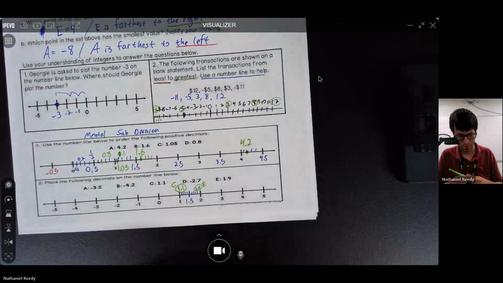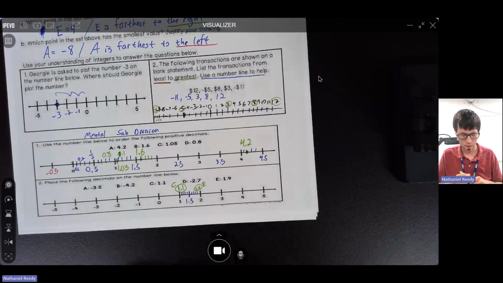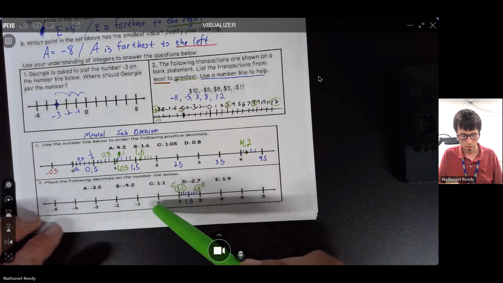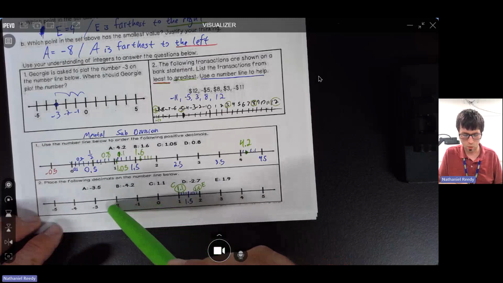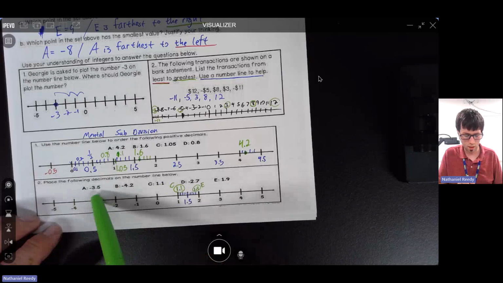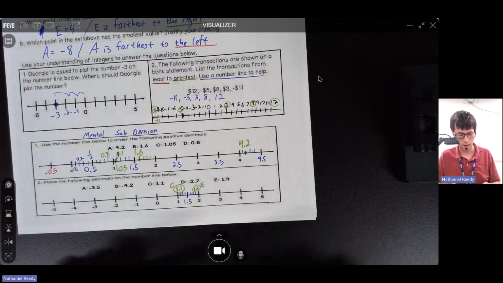Okay, now let's take care of the negative numbers. Negative 3.5. Remember that the further I go less from 0, the more negative numbers get. So -1, -2, -3, -4. Negative 3.5 is halfway between -3 and -4. Now remember that 0.5 is the same as a half.